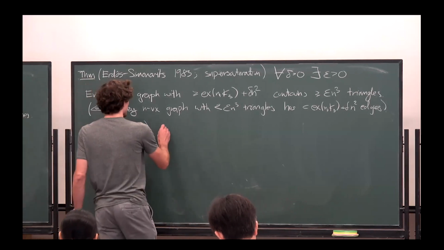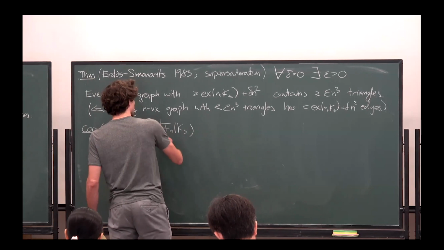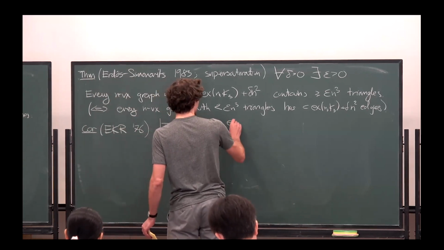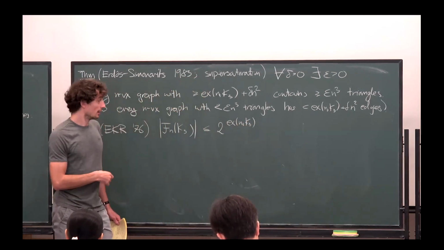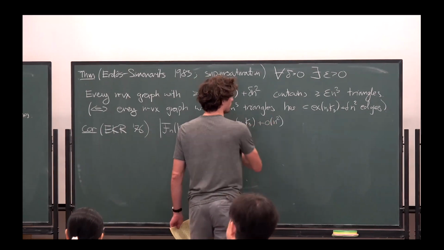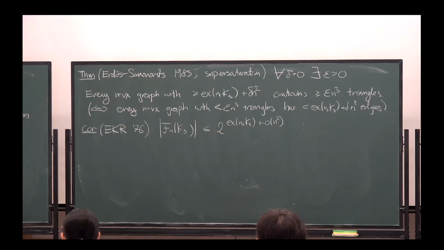We will prove that the number of triangle-free graphs on n vertices is at most 2 to the extremal number, which is a trivial lower bound, and we'll be able to add only this little o of n squared in the exponent. So just to illustrate how these things go together.